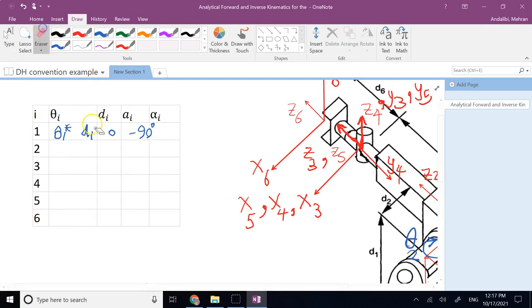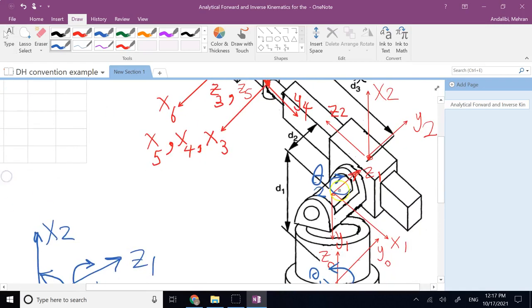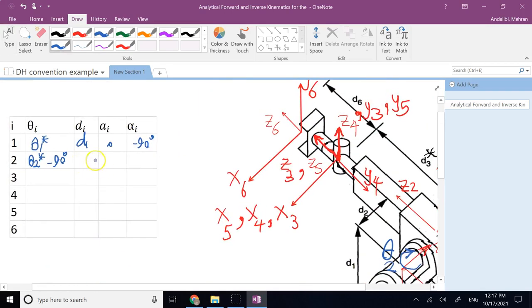Okay, so for that, here, let me write it down again for you. This is theta 2 minus 90 degrees. Now, to align the origins, you need to move along old z, or z1, a distance constant of d2. Then the origins will automatically be aligned.